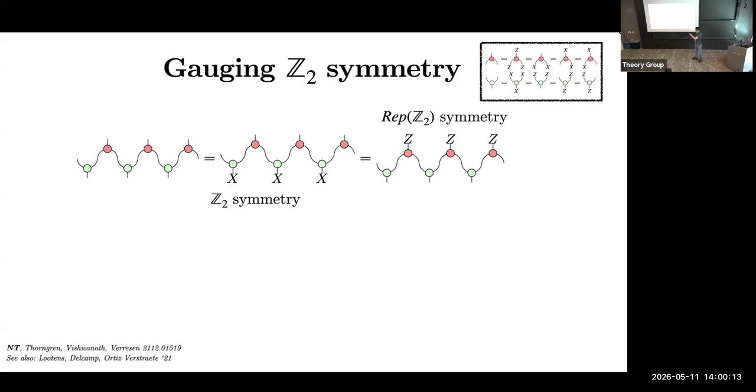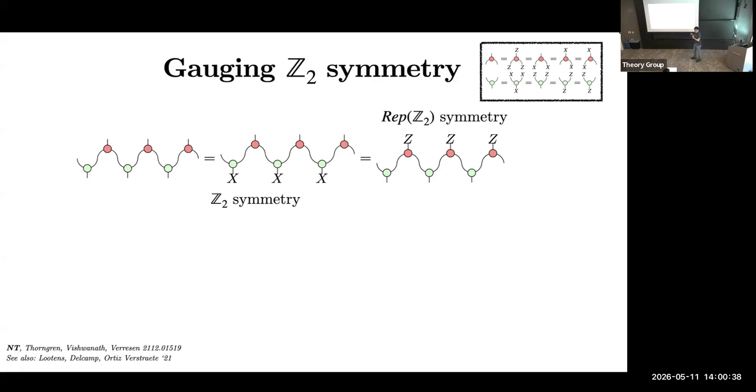So it means that whether I act with the X or not, it does not matter. One way to check that is you can use these identities, which say, suppose I act with X in the bottom here, you can push it up to X on the left and on the right, and then these 2 X's sort of cancel on this red tensor.